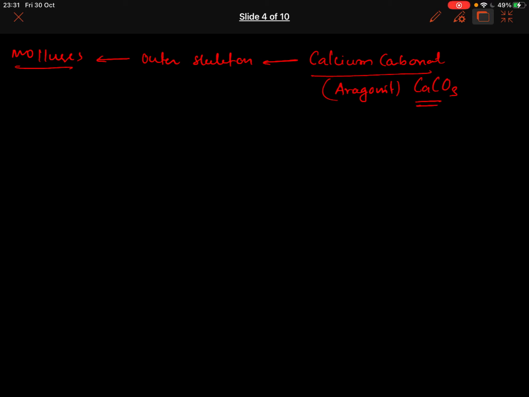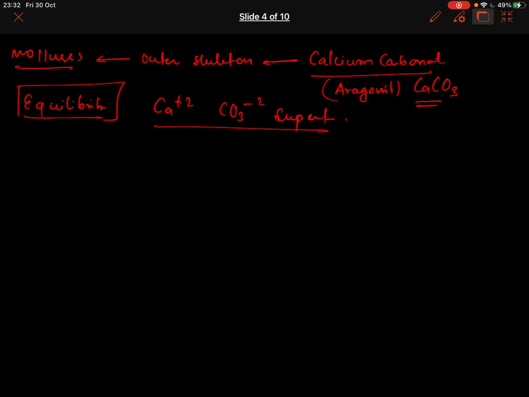So at, say, equilibrium, when we discuss the case of equilibrium of ocean waters, the concentration of calcium ions and carbonate ions is supersaturated. So when we are saying supersaturated, it simply means that calcium ions and carbonate ions are in abundance, right?